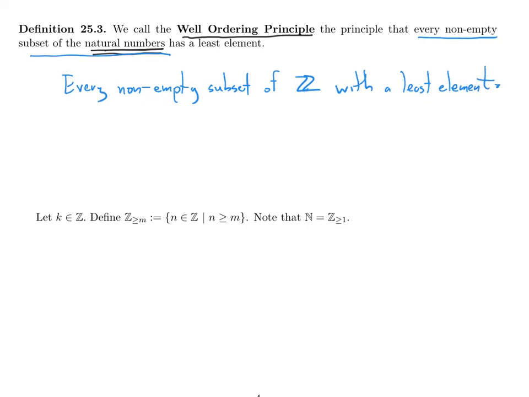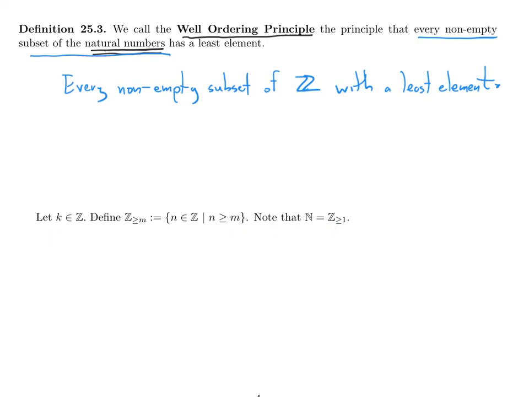That's a little more powerful. So we can have something like these down here, and these are going to be important to us. It's basically like the integers except we have a lower bound. And these are going to be important for induction for us.